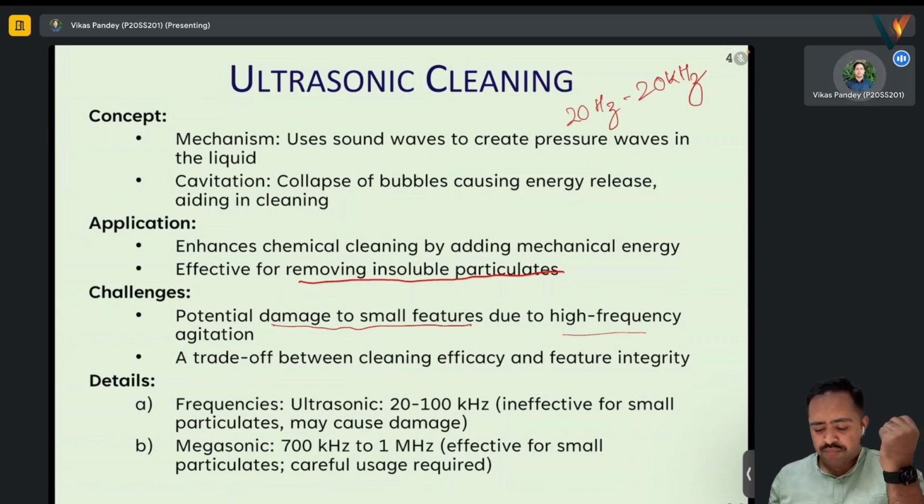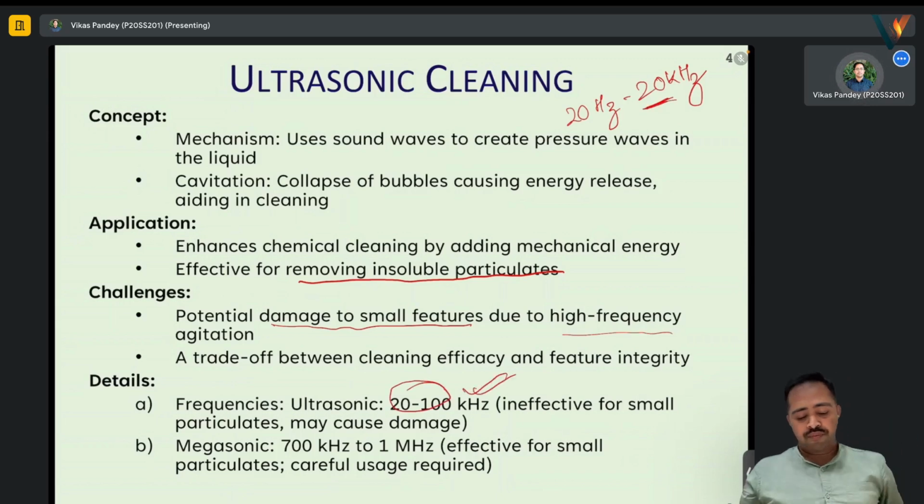Generally the frequencies are above 20 kilohertz, so 20 to 100 kilohertz is the ultrasonic frequency used in ultrasonic cleaning. Then there is something called megasonic cleaning.